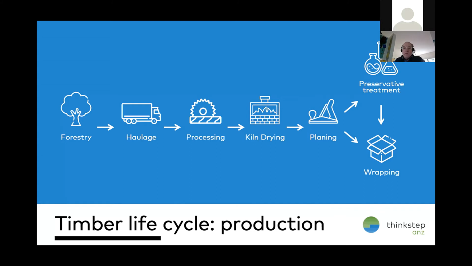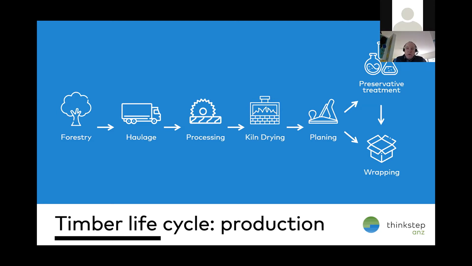So when we talk about timber's life cycle, here's the production life cycle. Obviously, all our wood comes from trees, which are either grown in native forests or plantations. So we have that forestry process, whether that be natural regrowth or planting in the case of plantations, and then the harvesting process and the replanting. That's all encapsulated in the forestry side of the production process.